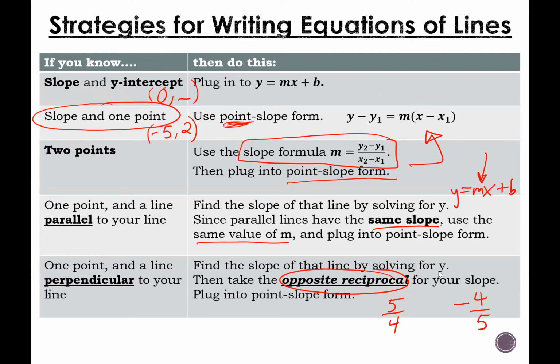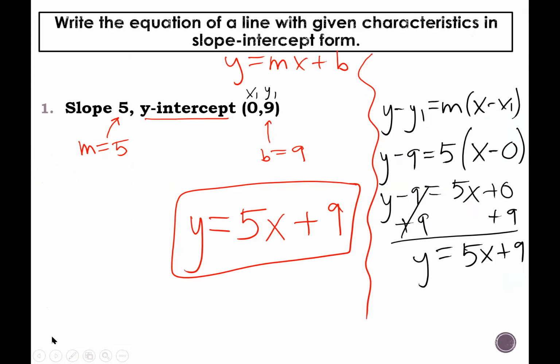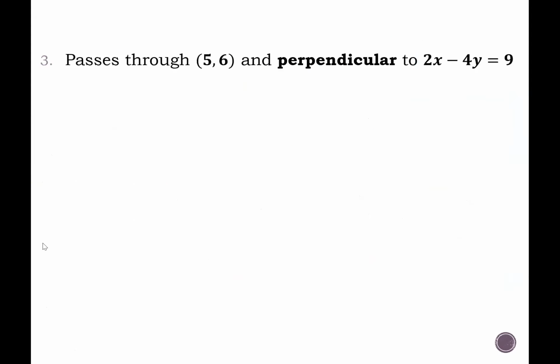Okay, so I think that's what we need to do first. Get y by itself so we can figure out what m is. Then we'll be taking the opposite reciprocal for our slope. Okay, so that's giving us a little idea of how to start. Okay, so again, passing through (5, 6), I'm going to go ahead and label those coordinates x1, y1.